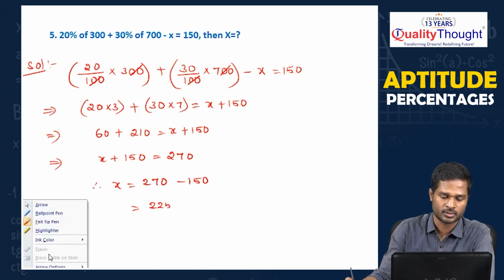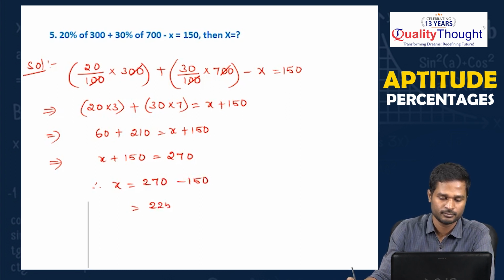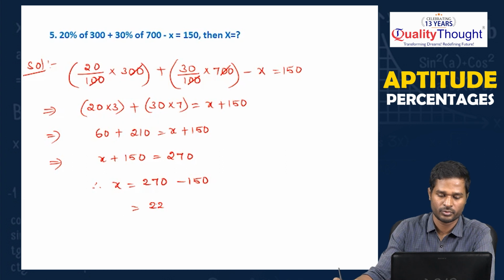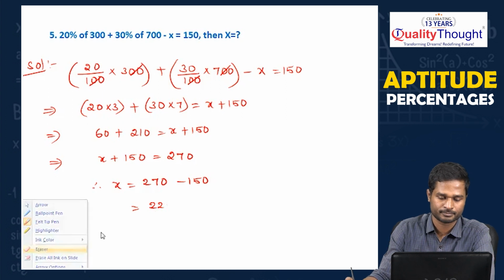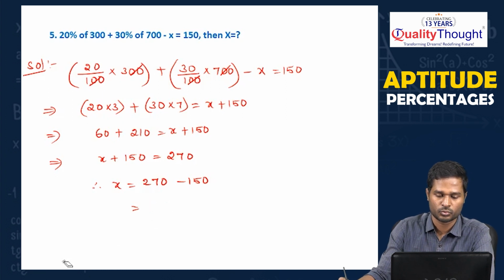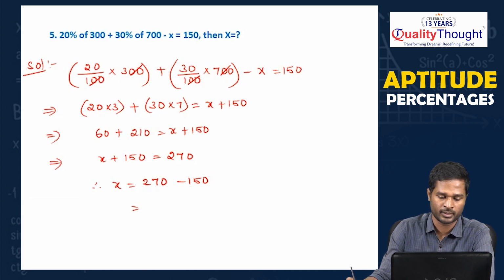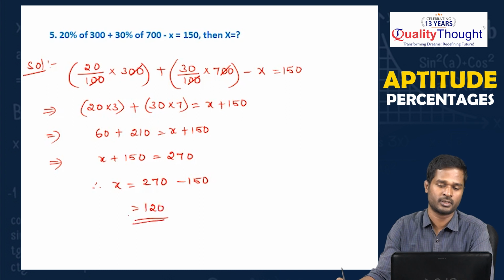I am sorry, so it will be 270 minus 150. So, 0, 7 minus 5 is 2, and 2 minus 1 is 1. So, 270 minus 150 is 120.